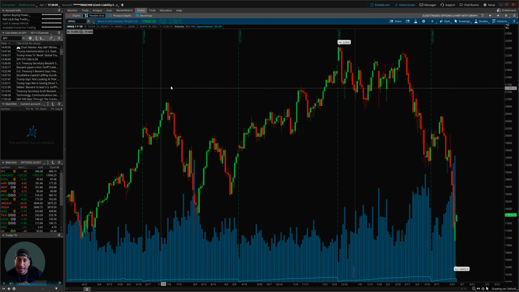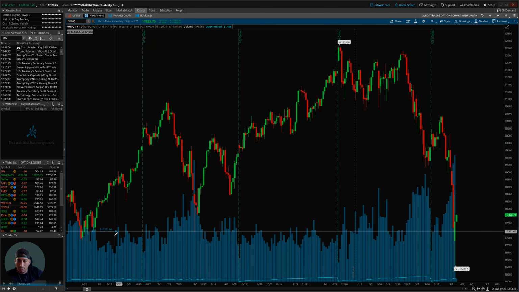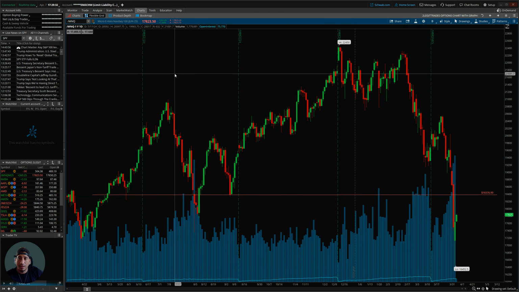Right now, we're looking at the Nasdaq, and just for a quick recap, I'm gonna put some quick levels in here. This is the yearly time frame, and I'm just gonna start charting some levels. I see a level right here. Let me put it in the chart. Add drawing, key level. So let's put it here. And since this is a yearly level, I like to color code it red.